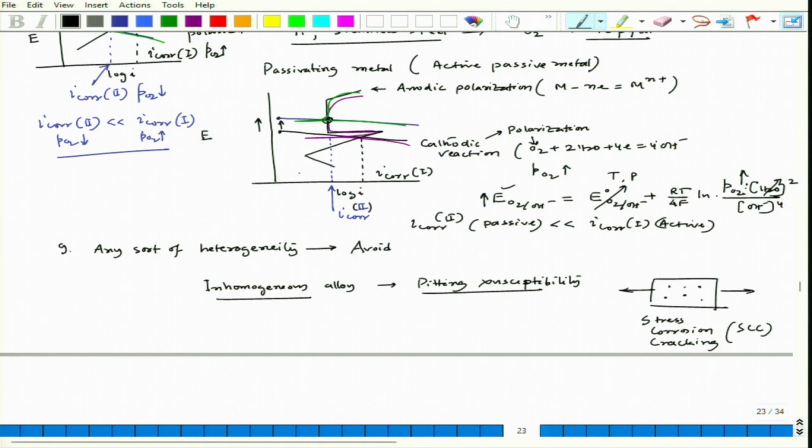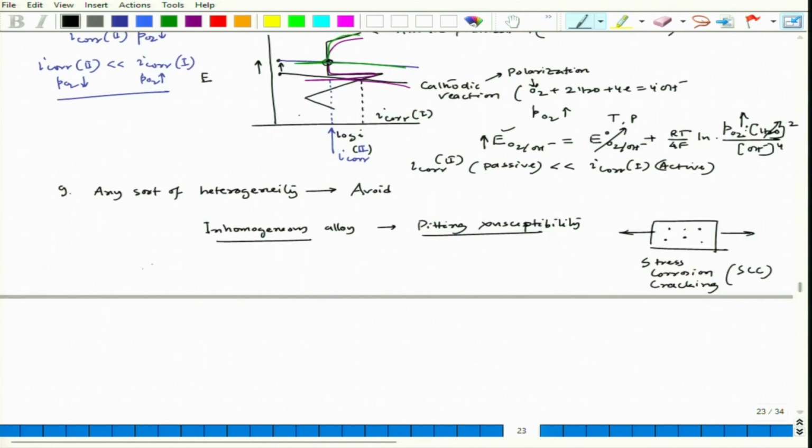Now, we have already talked about stress inhomogeneity. We have talked about galvanic inhomogeneity.